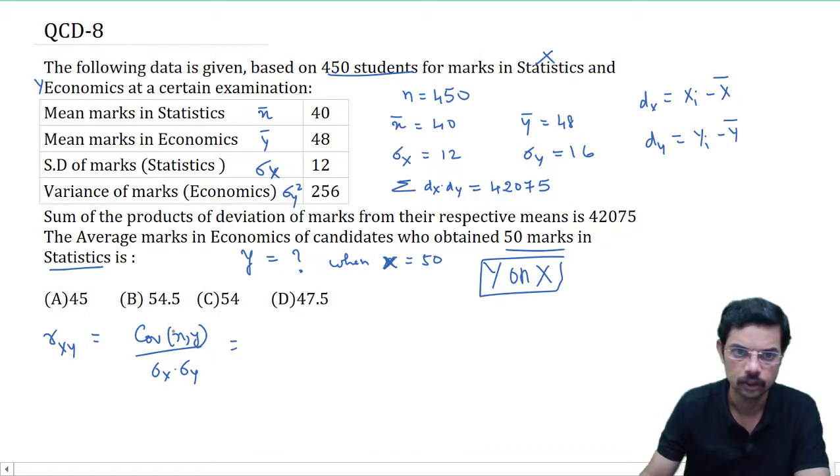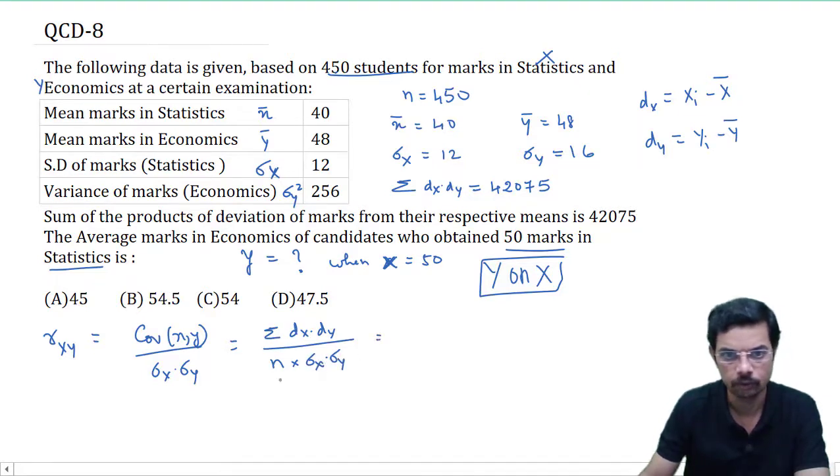The covariance of xy is defined as sigma dx into dy divided by n. So this will be the formula to find the correlation coefficient.